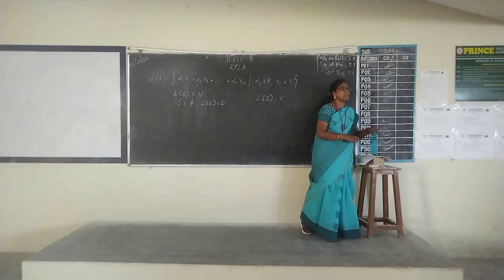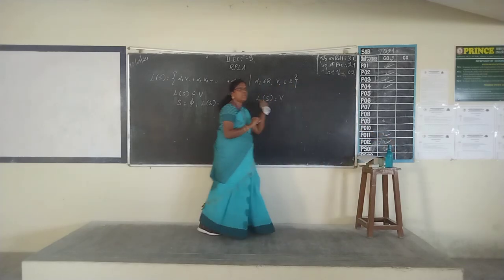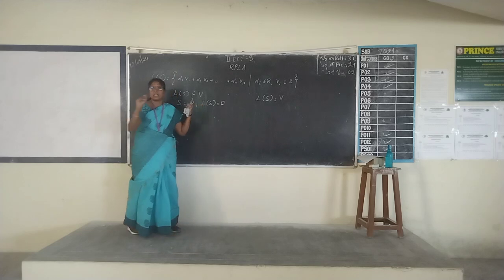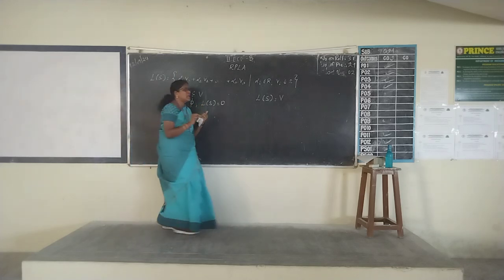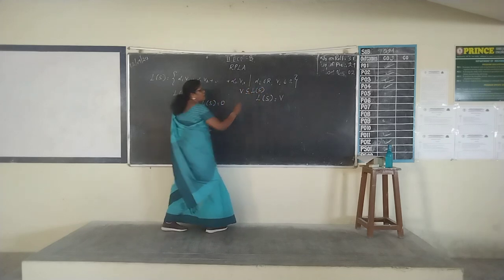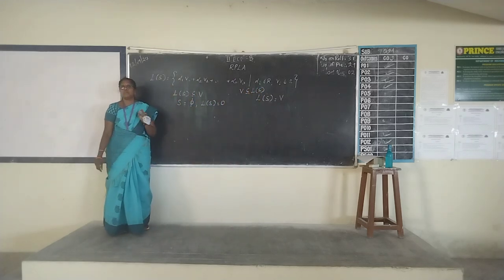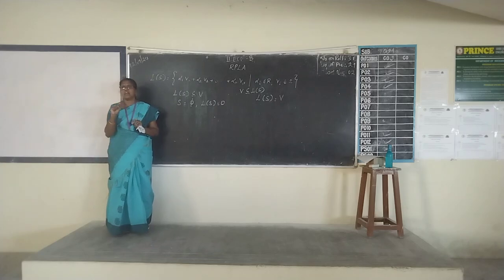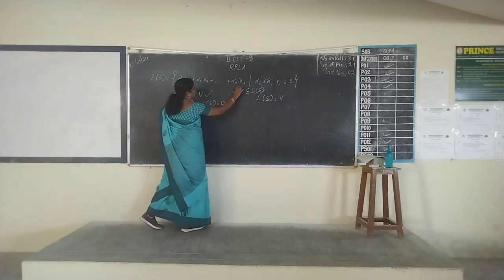L of S is contained in or equal to V. If you are able to prove that, it is the obvious condition, so probably you can directly assume it. What is the next one you are supposed to prove? You have to prove that V is contained in or equal to L of S. If these both conditions are satisfied, what can you say?